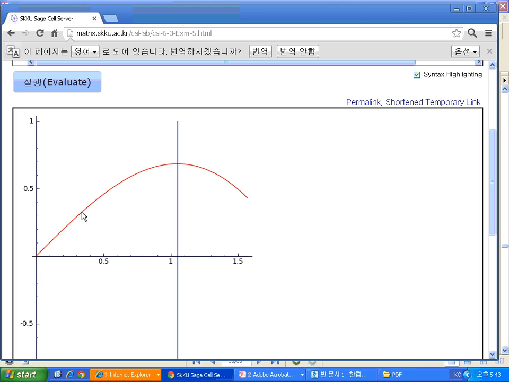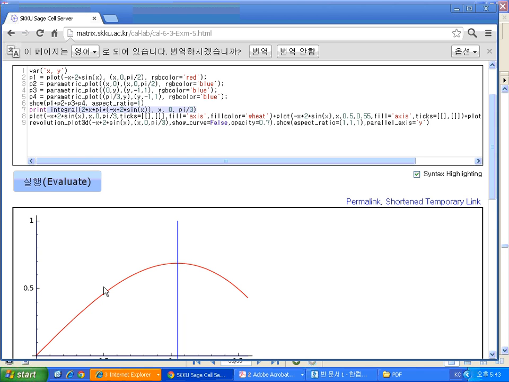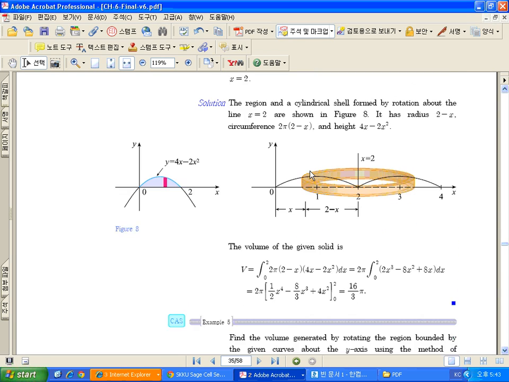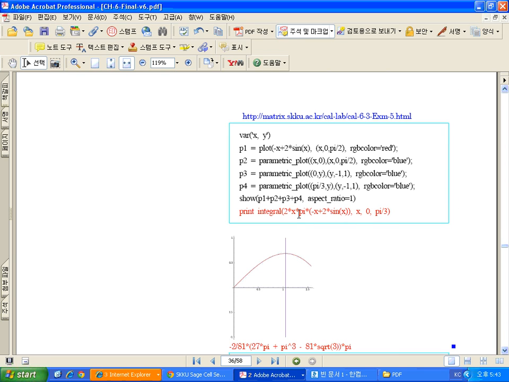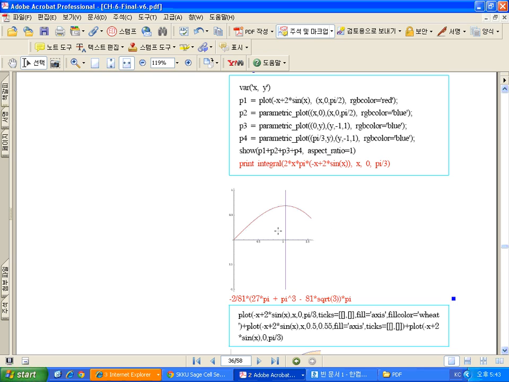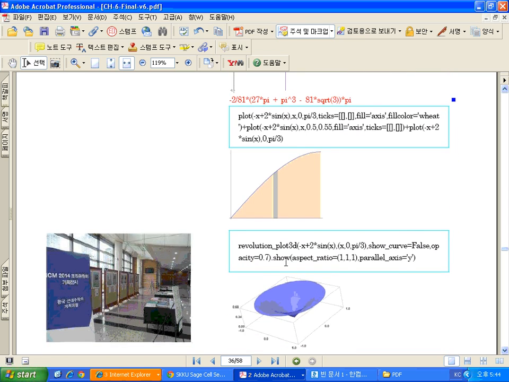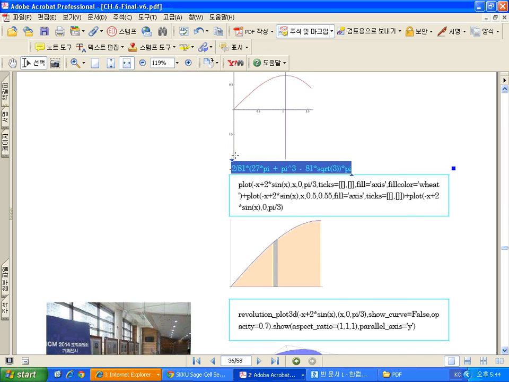What we only had to do was integrate from 0 to this point, which is pi over 3, 2 pi x f of x, which is from the question, minus x plus 2 sine x. So without much manipulation, we just put those functions in, draw the graph, find the intersection point, integrate it, and rotate it.